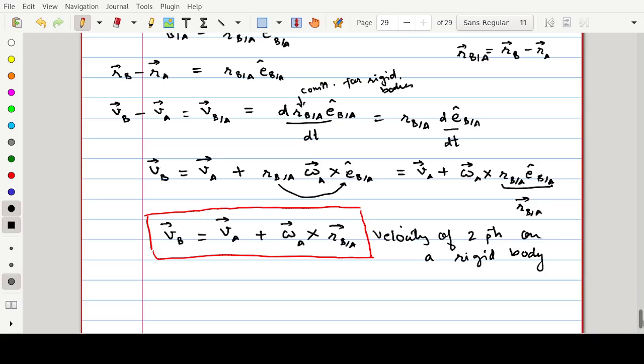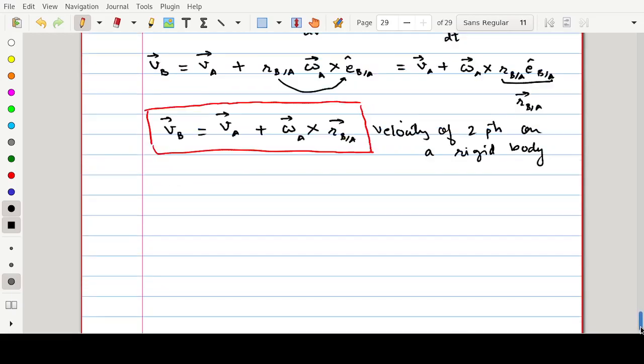To understand this relation better, we will take a number of specific cases. So in your book, the general motion of a rigid body has been divided into 5 cases.